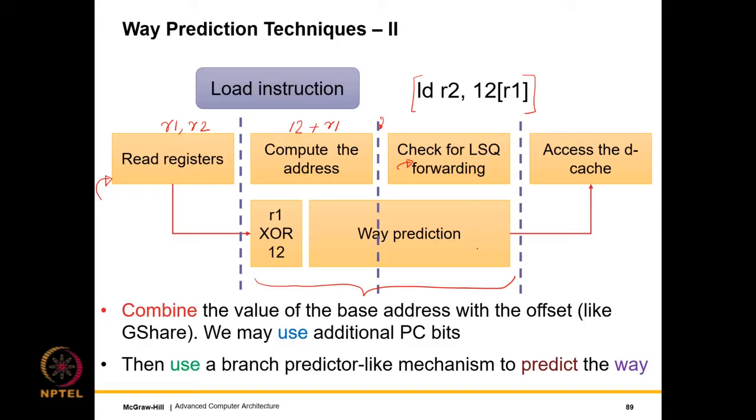So what we should instead do is compute an approximation of the memory address. The approximation can be computed like this: we take the contents of the base register, which in this case is R1, this is the base address, and we compute an exclusive OR with the offset, which is 12.